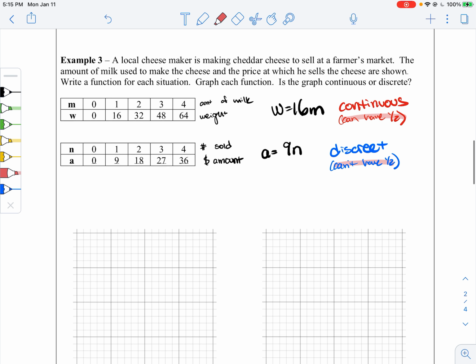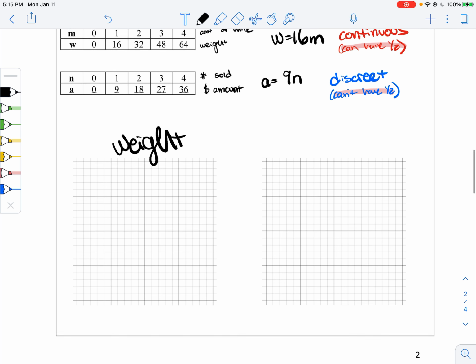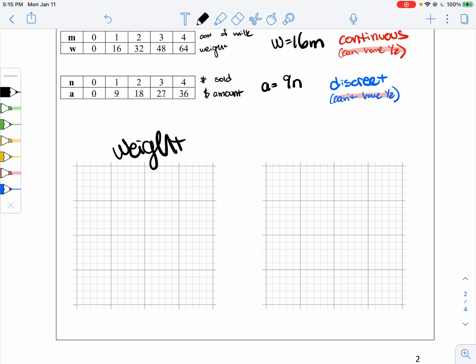Okay, let's graph it real quick. So to graph the weight of the cheese, let's see, we go 1, 2, 3, 4 milks, 4 gallons of milk, whatever that was, by the weight of cheese made.